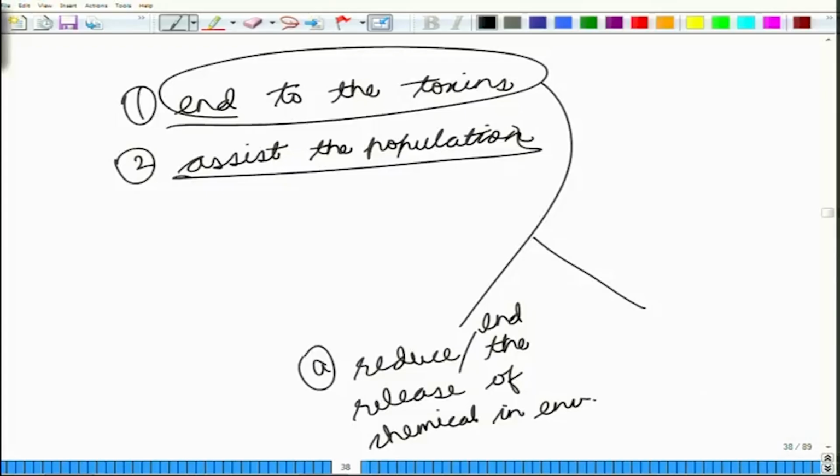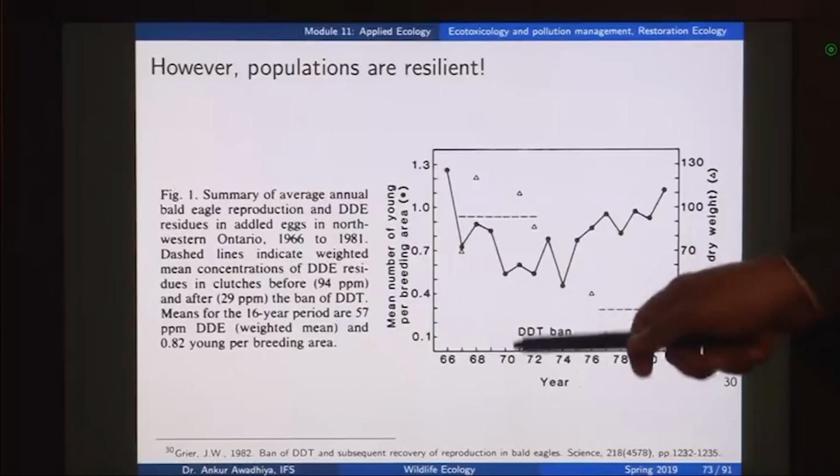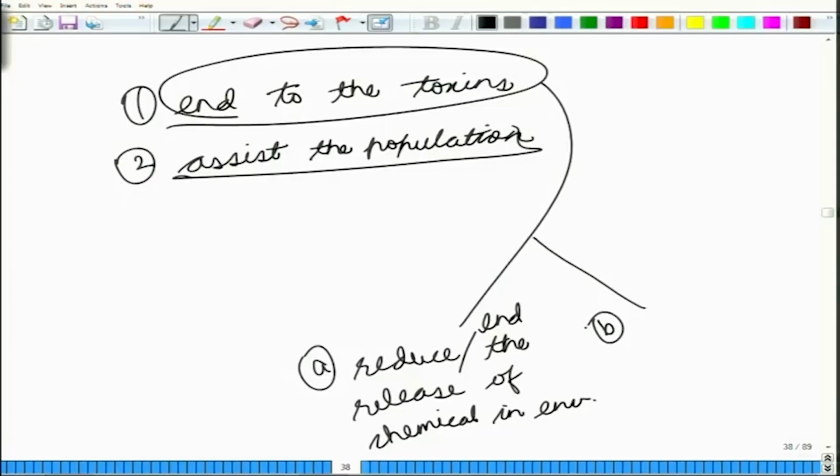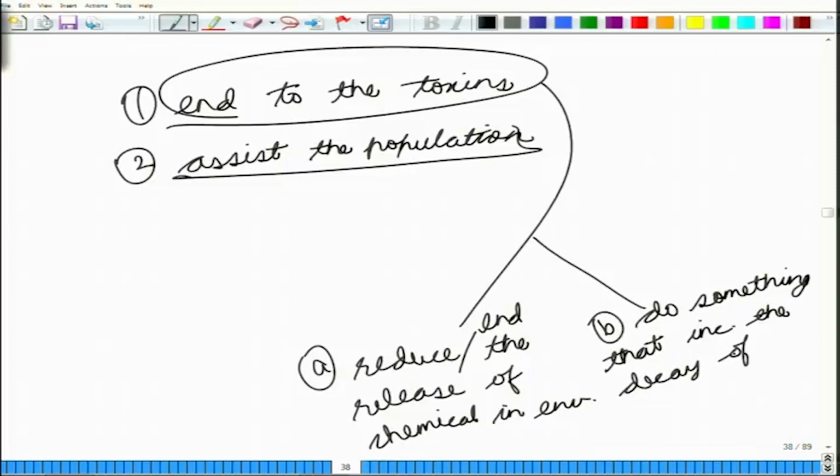There was a ban on DDT. So, this is one thing that is important. The second thing that you can do to reduce the concentration of these chemicals in the environment is to do something that increases the decay of chemicals already present in the environment. So, there are these two kinds of things that you can do.